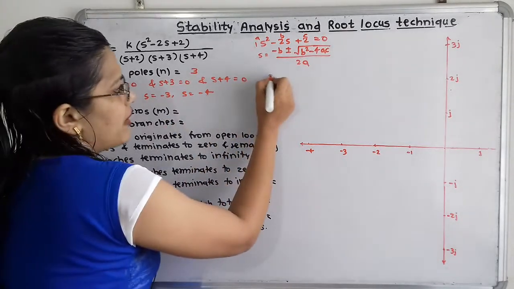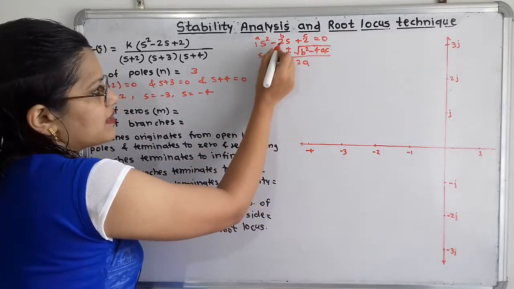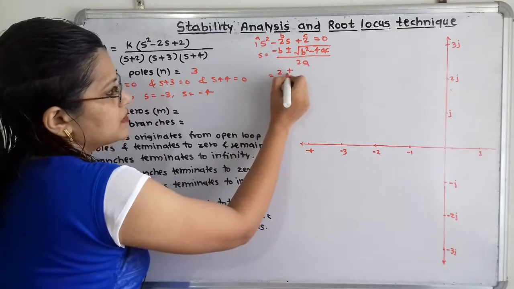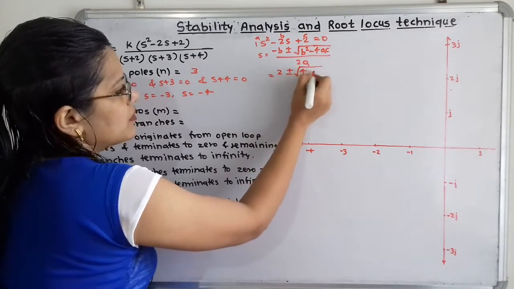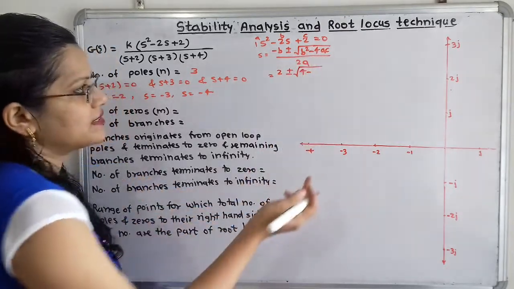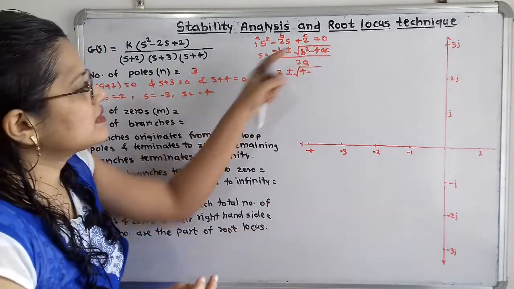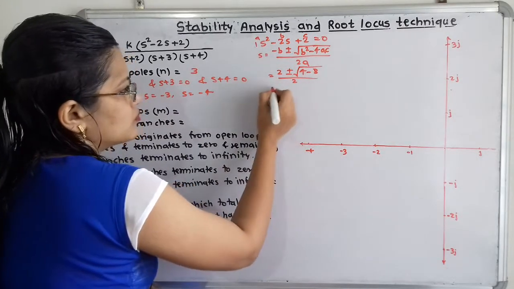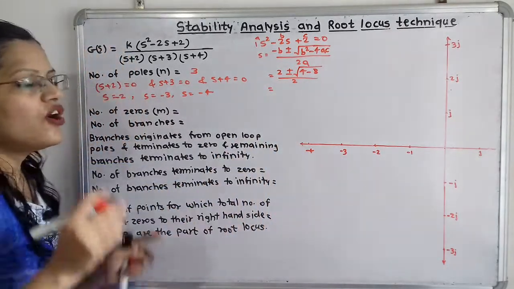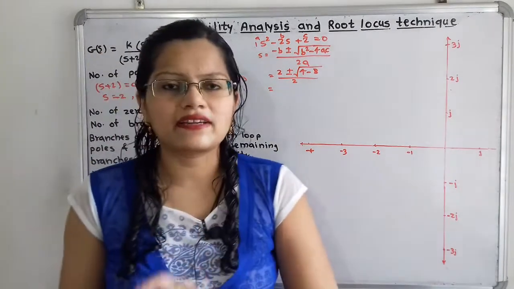Now I will put the values. Minus b, that is minus of minus 2, that is 2, plus minus under root of b square, that is 4, minus 4ac. Here a is 1 and c is 2, so that is 8, divided by 2a, that is 2. If I simplify this, 4 minus 8 is minus 4.